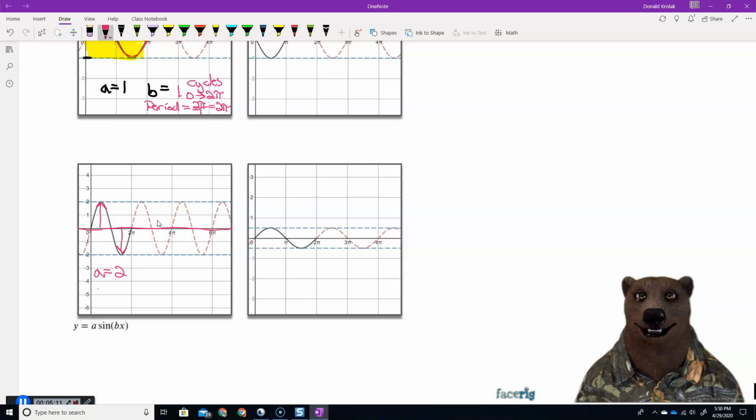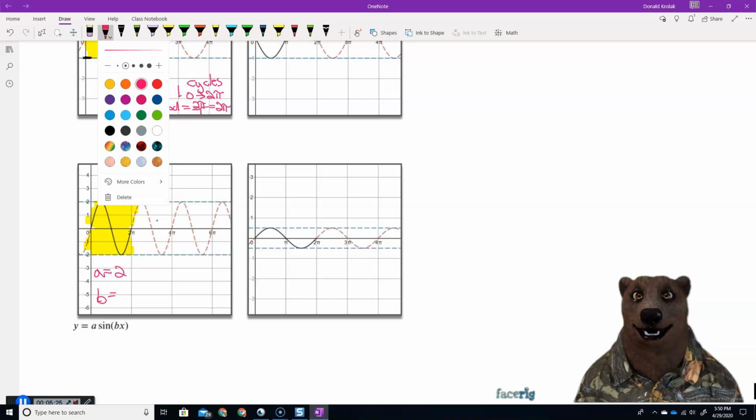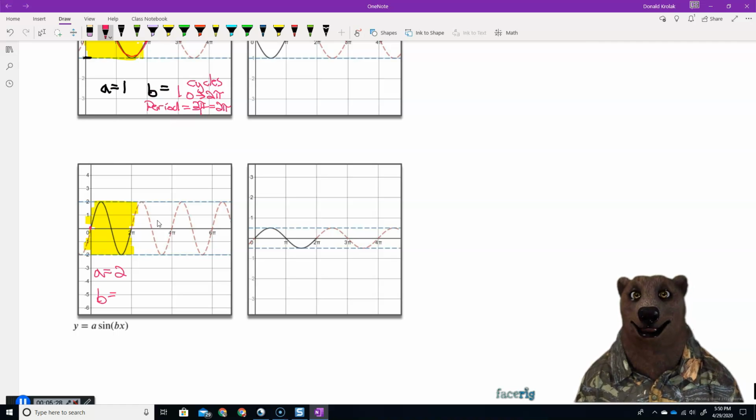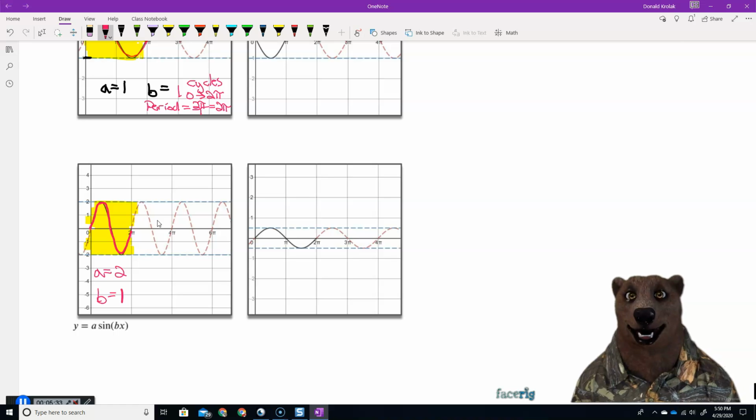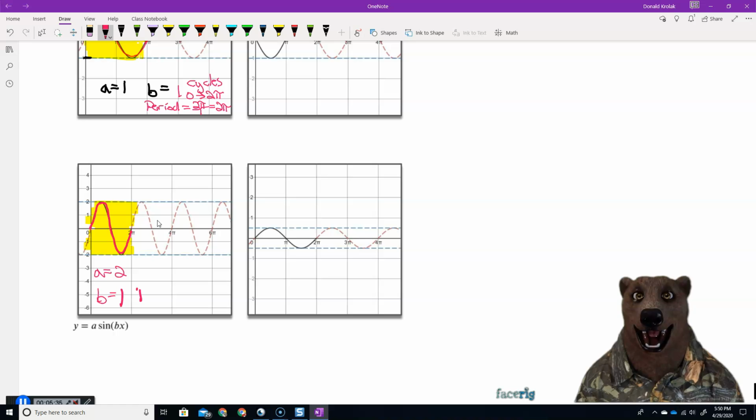Now to get the B value, I want to look how many cycles I see between 0 and 2 pi. There's 0 and 2 pi, and when I look at that, I see one cycle of sine in that space. There's your cycle of sine. So B is equal to 1. So when B is equal to 1, the period is 2 pi. The amplitude of this graph is 2.